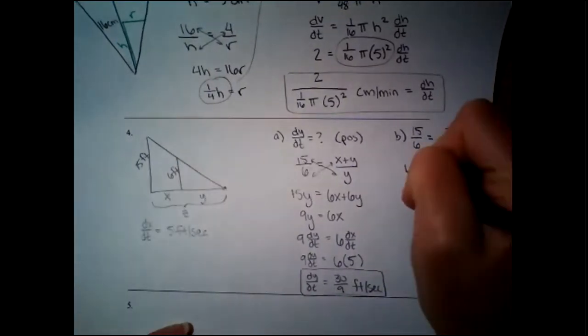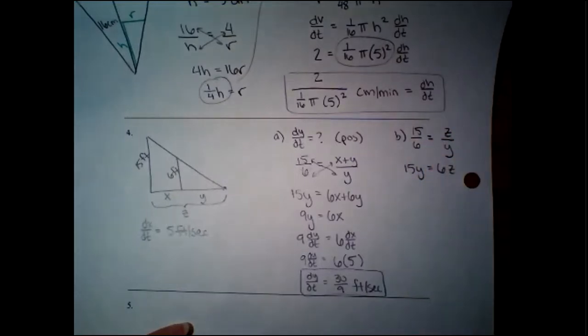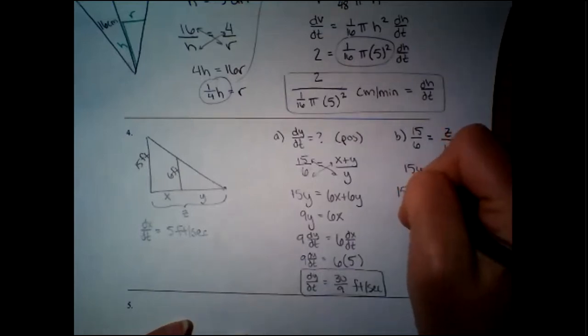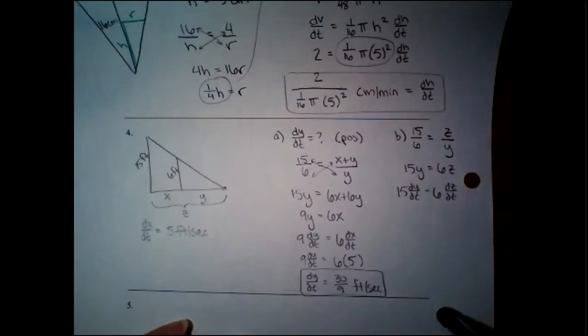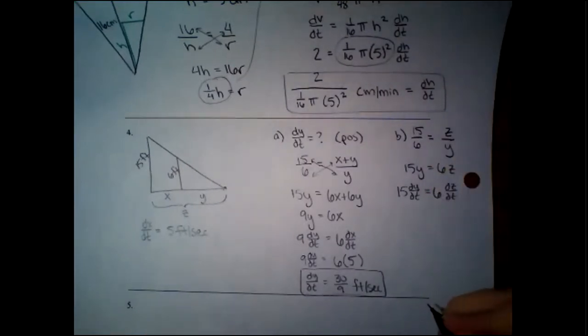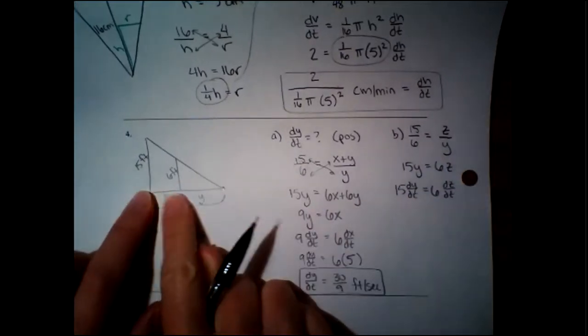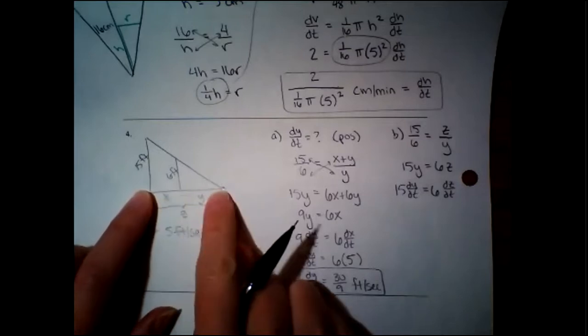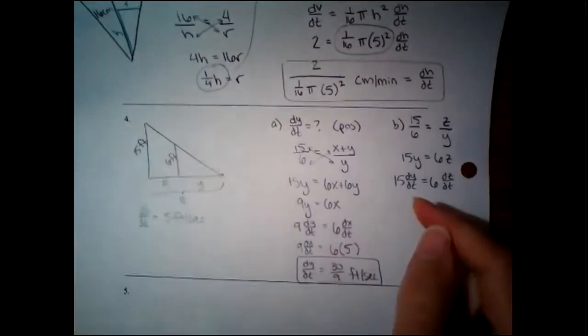So that would be 15y equals 6z. And then again, it's just about the easiest derivative because you almost don't even have to do anything. It's 15 dy dt equals 6 dz dt. And we're looking for dz dt. We're looking for how is this length changing, because it's the tip of his shadow all the way out there at the end. So dz dt is what we're looking for.